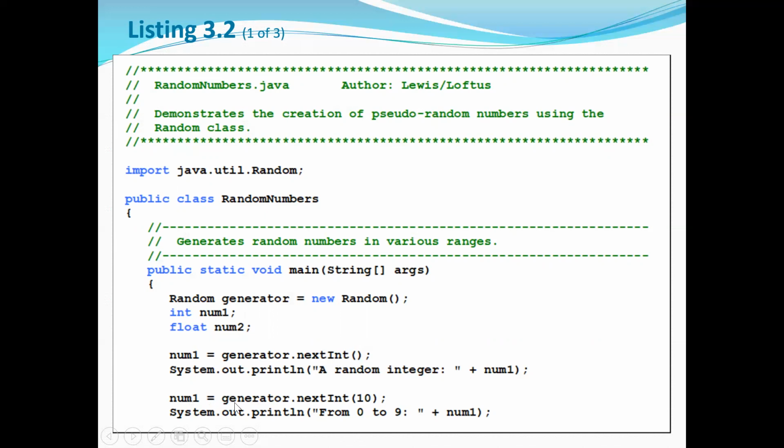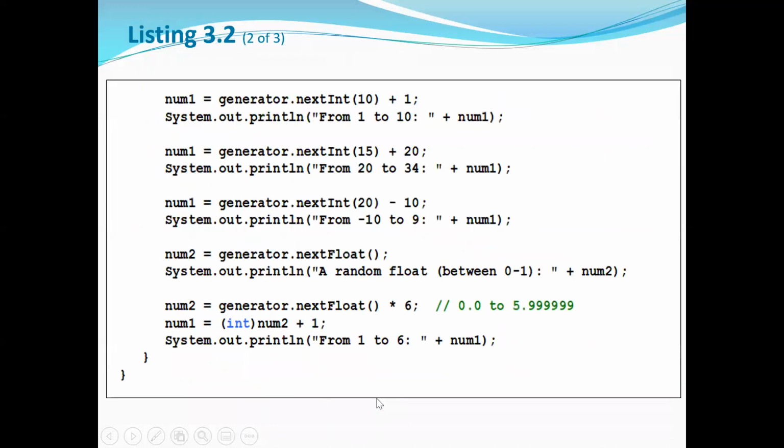Next, we said generator.nextInt(10). Since we put 10 here, it's going to generate any number between 0 and 9. Then here we say nextInt(10) + 1, which means it will generate only one number.